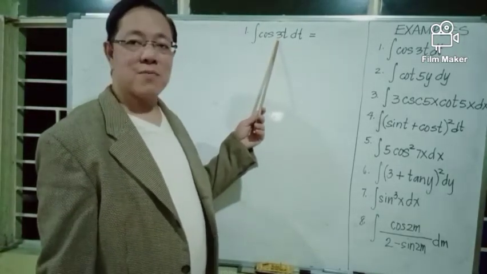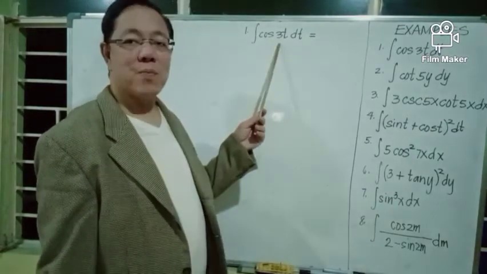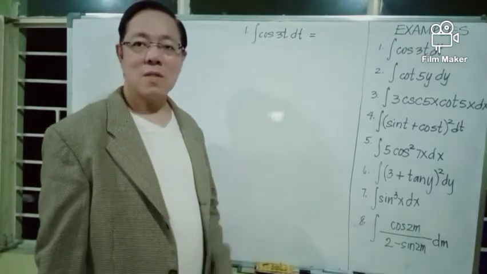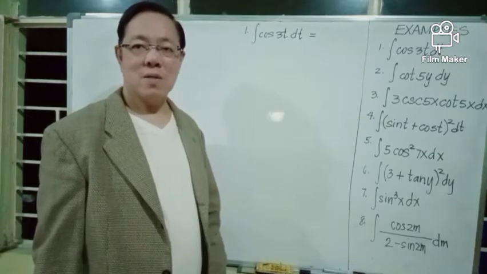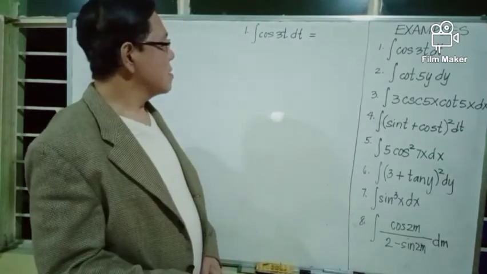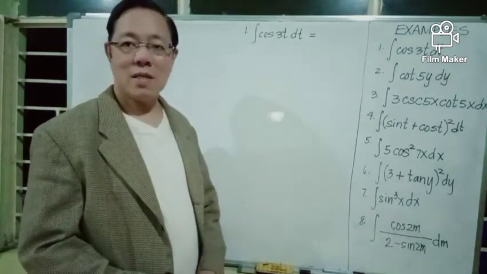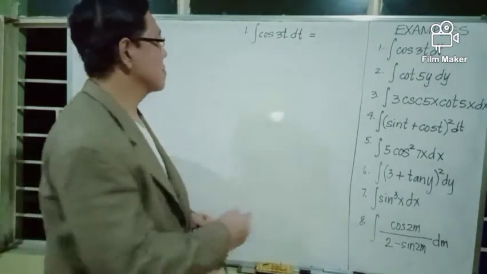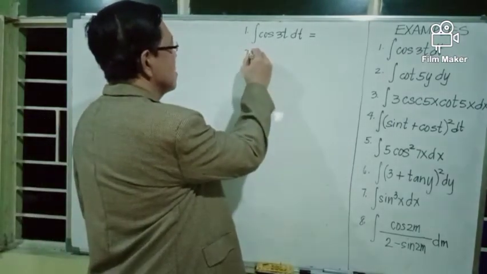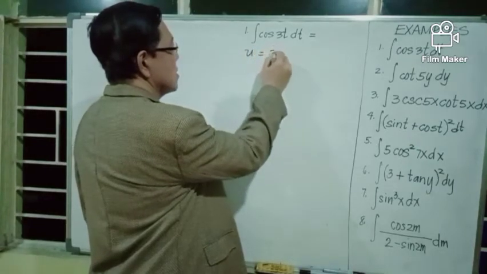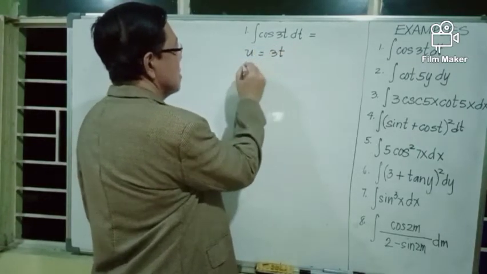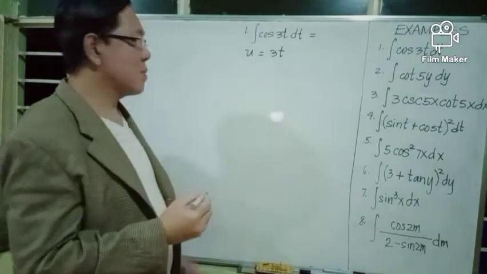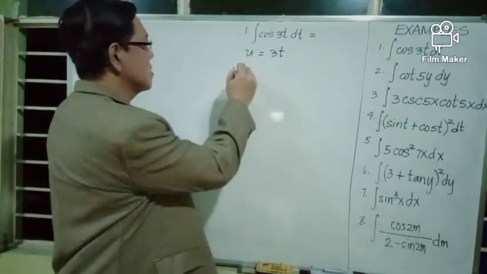We express this first as cosine of an angle consisting of a single variable. Thus, we let u be equal to 3t. And we get the derivative of both sides.